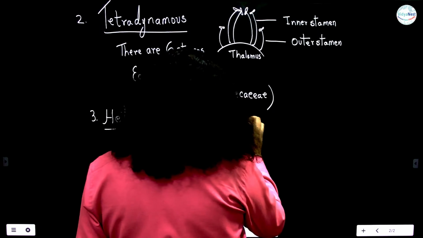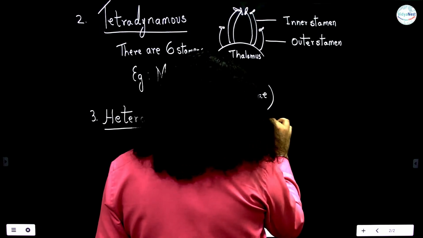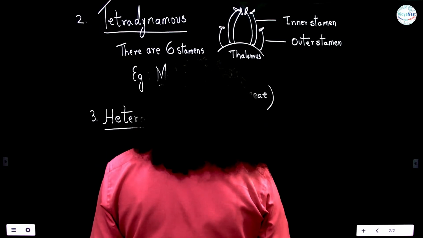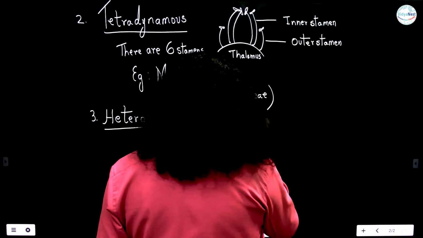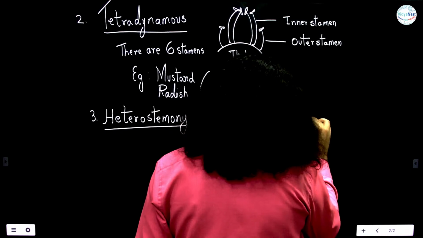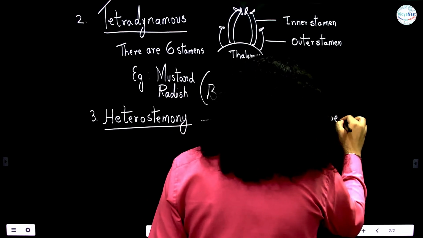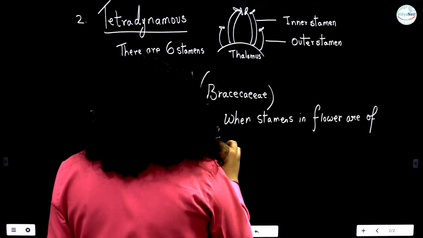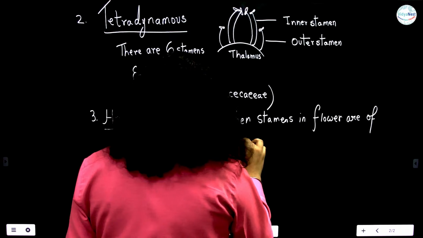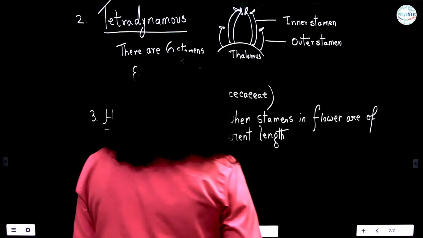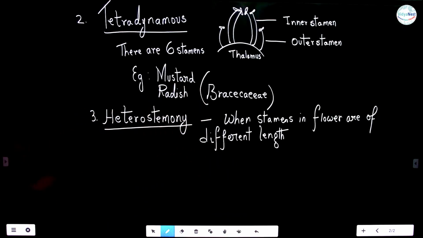I can write it this way: when stamens in a flower are of different lengths, and it is found in Acacia.